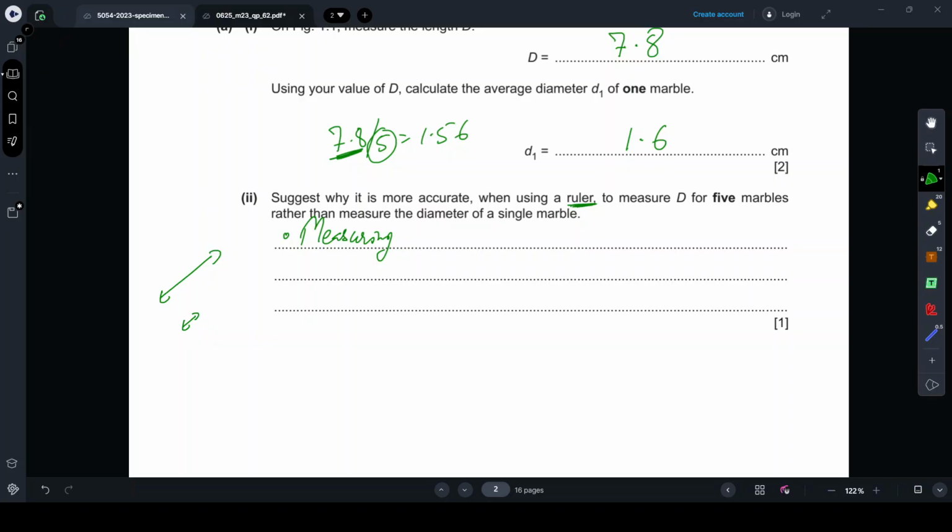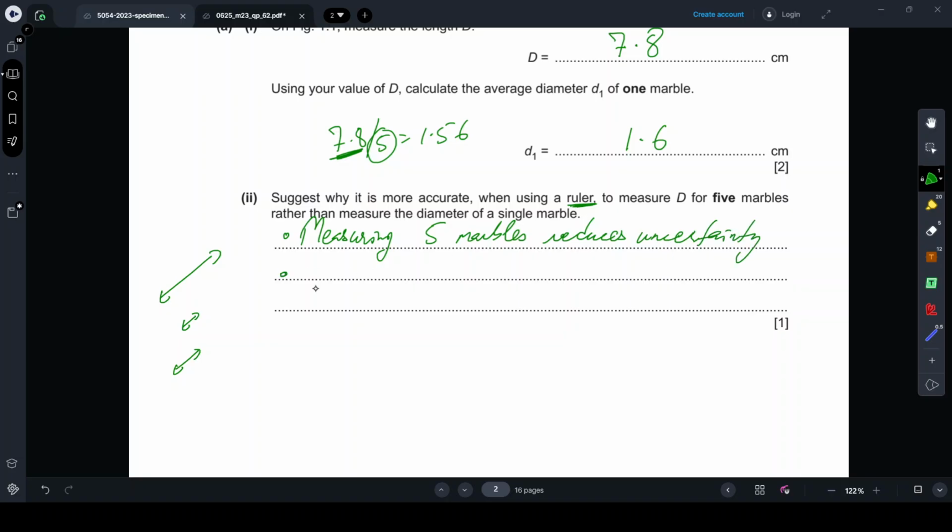But the precision of the ruler is not enough to measure very small lengths. I mean, you could, right? But taking something of larger length and then getting an average out of it is a better technique. You'll probably be closer. So measuring 5 marbles reduces uncertainty.